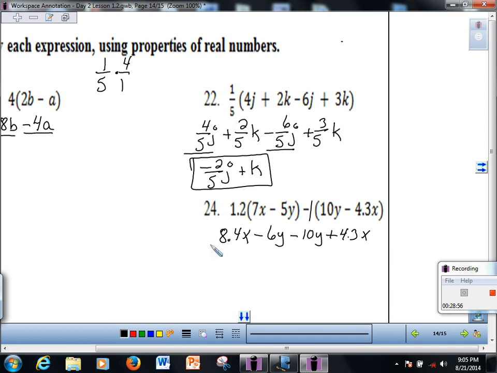Combine your like terms, 8.4 and 4.3, so I've got 12.7x minus 16y. Okay? That is our lesson over section 1-2. So you should have all the information that you need to finish up your assignment. Good luck on it.